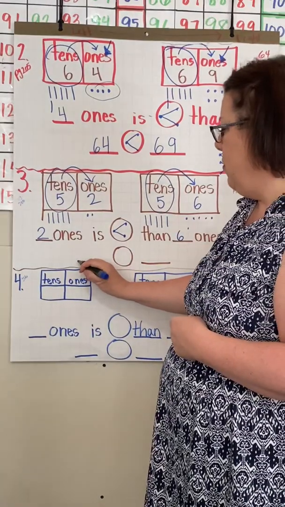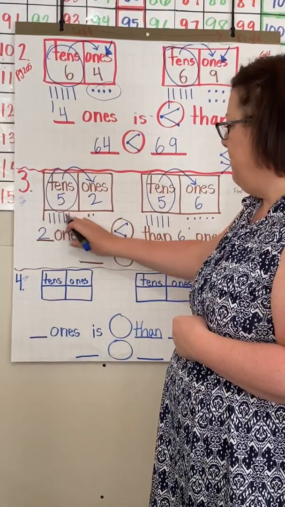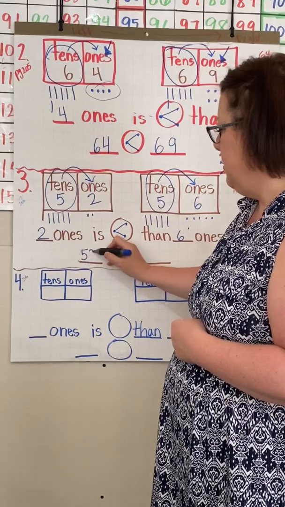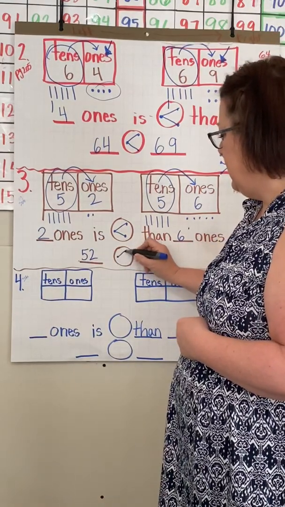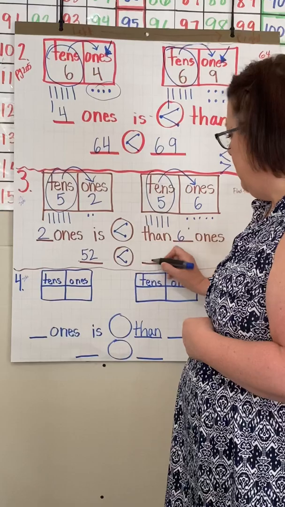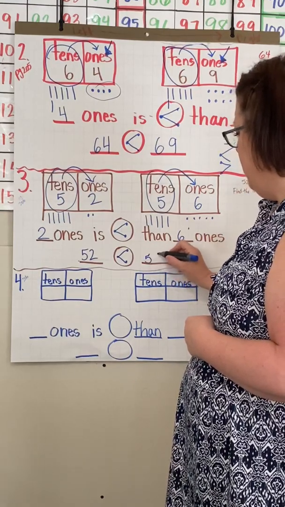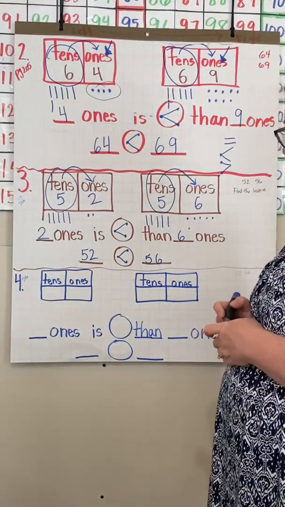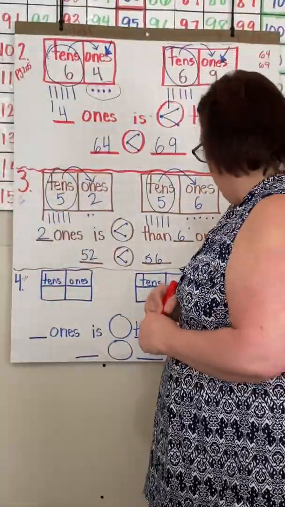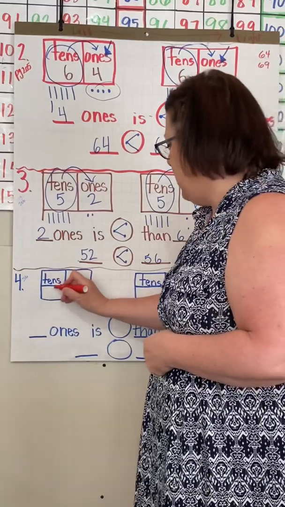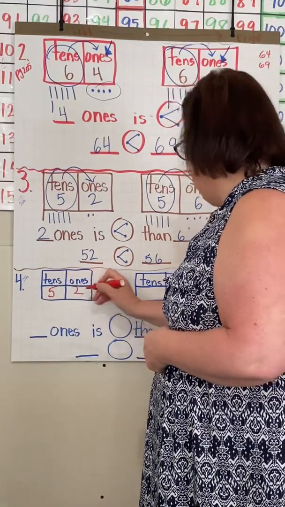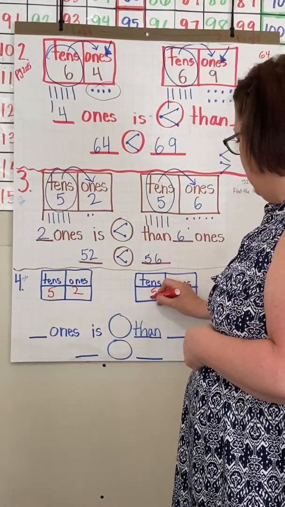Now I'm going to write my whole number here. 52 is less than 56. Okay, my next problem, number 4, we have the numbers 52 and 56.